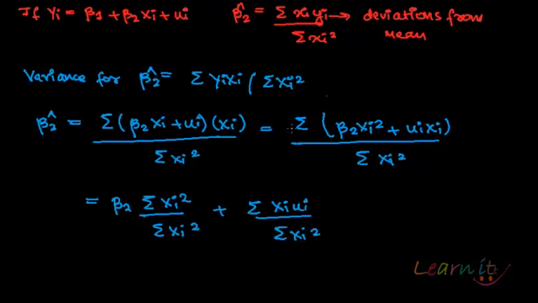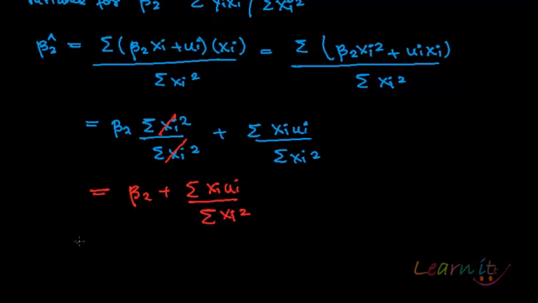Clear? Now this will go off. So this could be simplified as beta 2 plus summation of xi ui upon summation of xi square. You can write this as beta 2 hat minus beta 2 is equal to summation of xi ui upon summation of xi square.